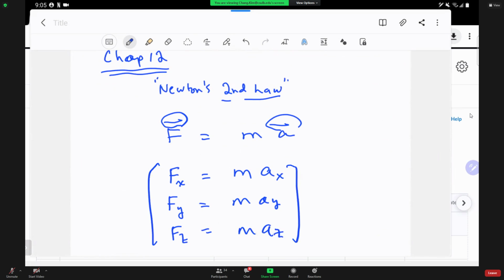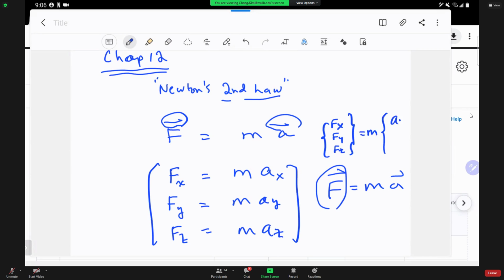I really don't like to write all these equations, so I'm just going to use the vector format. This represents Fx, Fy, Fz, and the mass is the same. Acceleration is ax, ay, az. Most of the time we'll be looking into two-dimensional problems, but generally it works in that way.